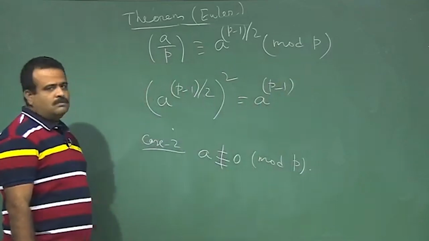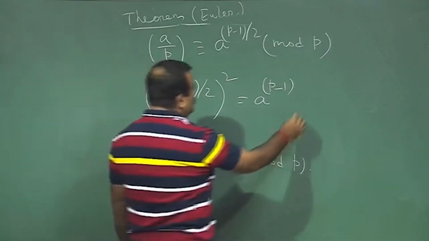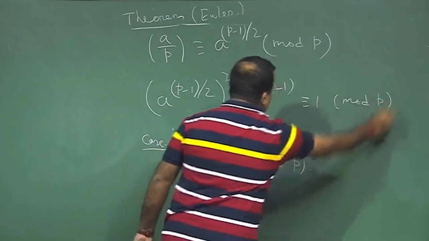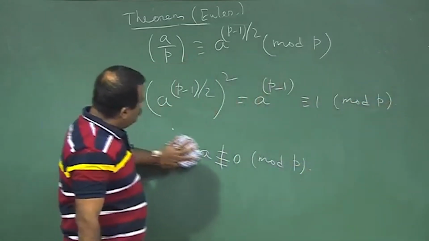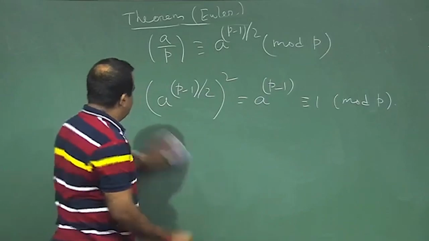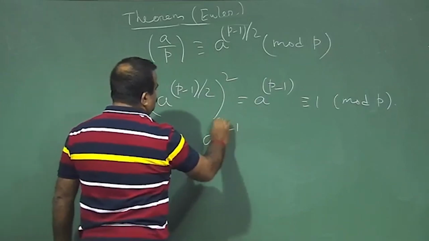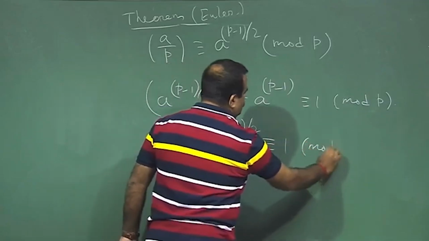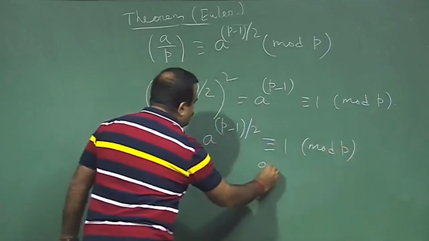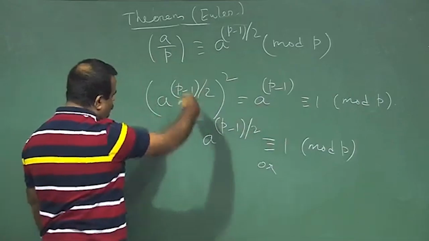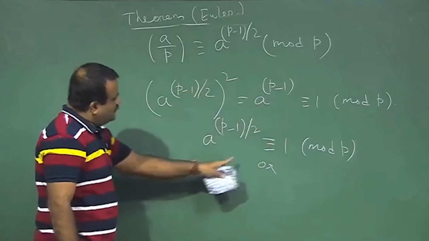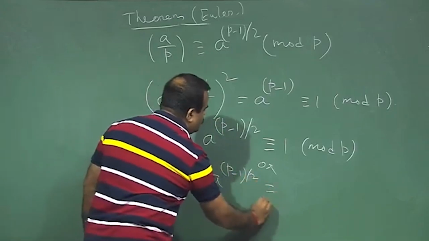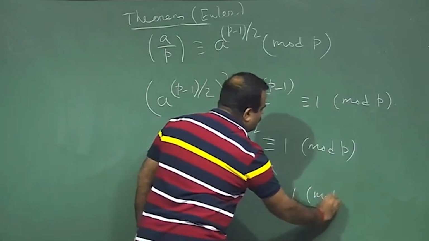Now, by Fermat's little theorem, this is congruent to 1 mod p. So this implies that a to the power (p minus 1) by 2 is either 1 or minus 1 mod p, because its square is 1.